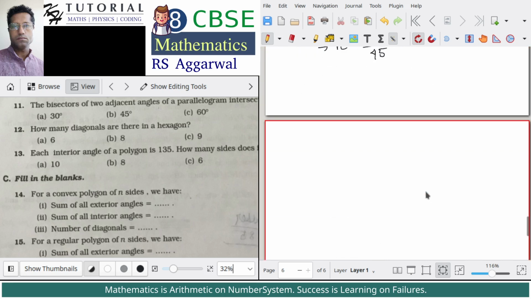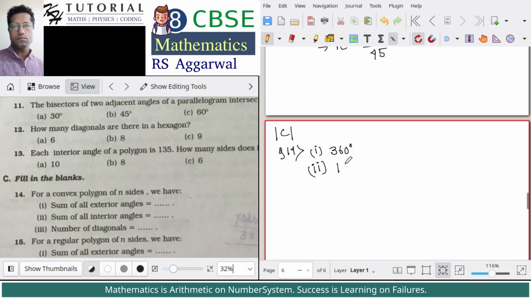Now let's do section C. Question number 14. These are fill in the blanks. Number 1. Sum of all exterior angles. For a convex polygon of n sides, the sum of all exterior angles is always 360 degrees, irrespective of the number of sides. 2.